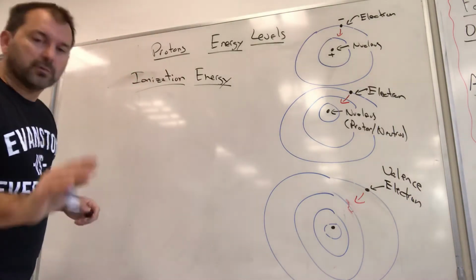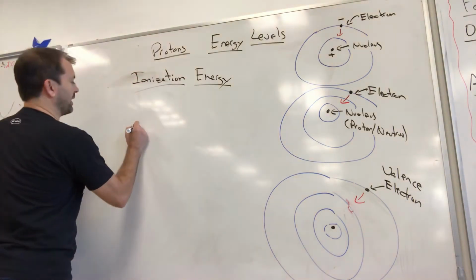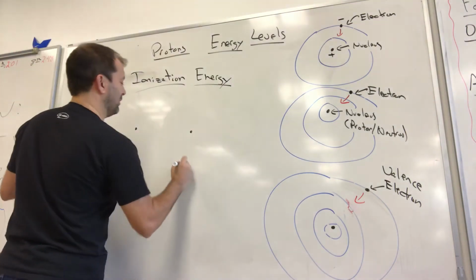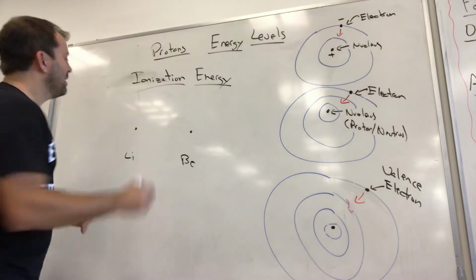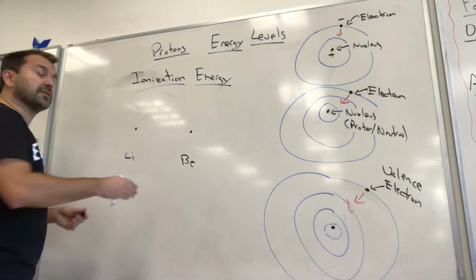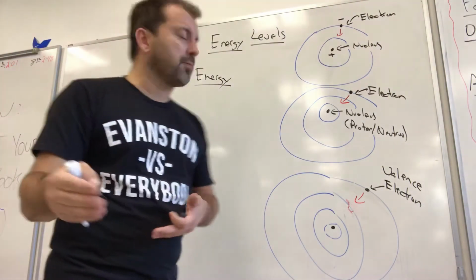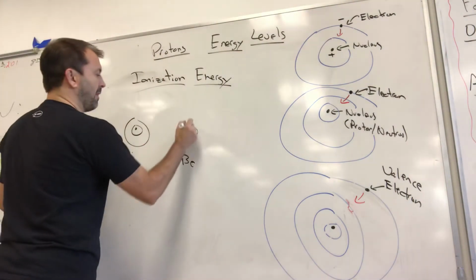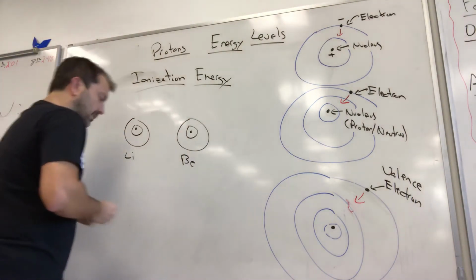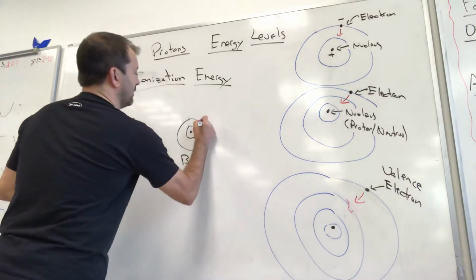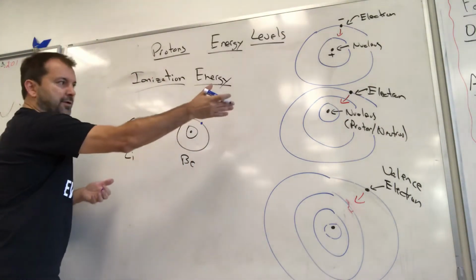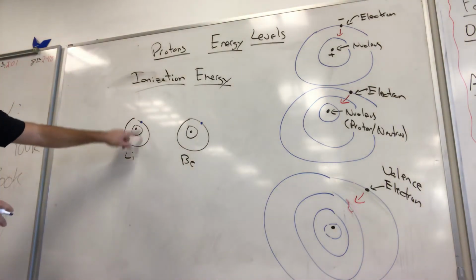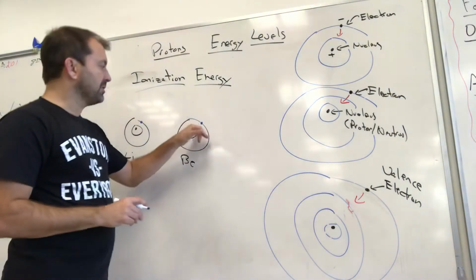Okay? Now, last thing I want to talk about is I want to look at lithium and beryllium, right? Now, they are two members of the same row, right? If you find lithium and beryllium, they're two members of the same row, which means they both have two energy levels. So the electrons, and I made these blue, but here they're black, that's just arbitrary. But I'm going to draw one electron in the outer energy level, the valence energy level for each of these.